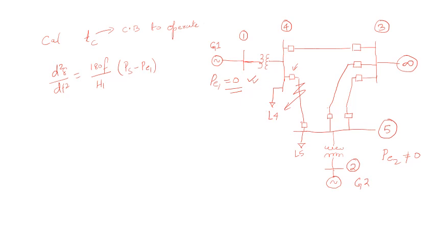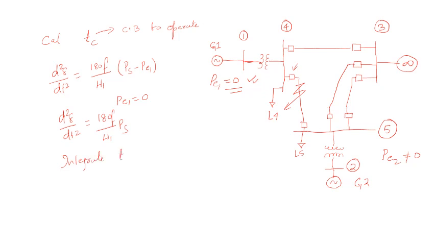Now, as you know, Pe1 equals 0. If you put it in, you will get d square delta upon dt square equal to 180 f upon H1 times Ps. Now integrate with respect to time.